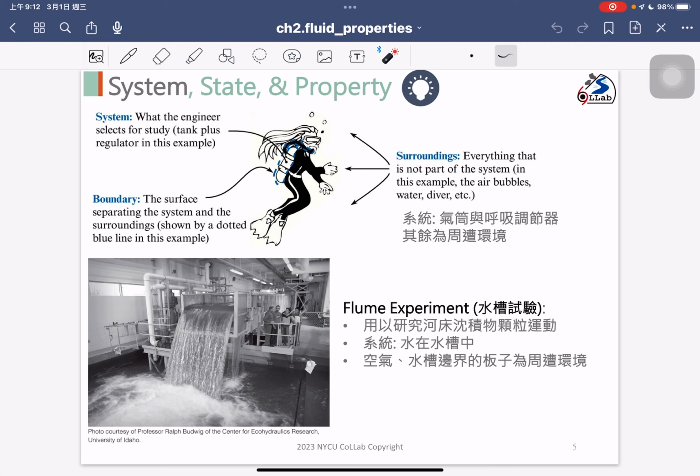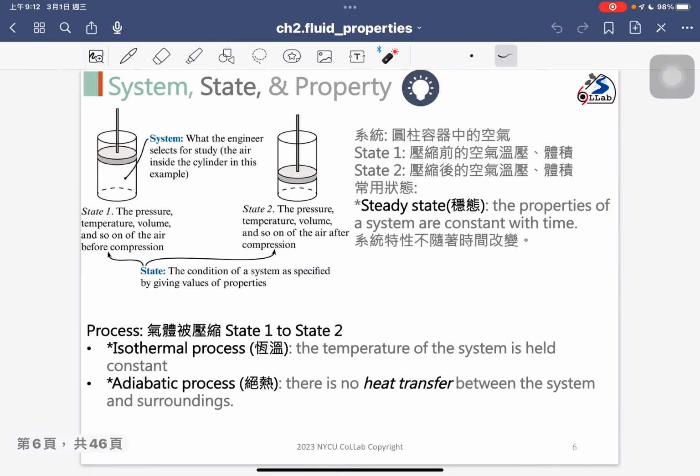Sometimes we build flume experiments because we are trying to understand the motion of sediment particles inside rivers. It's a very famous experiment we will practice next semester in the laboratory class.